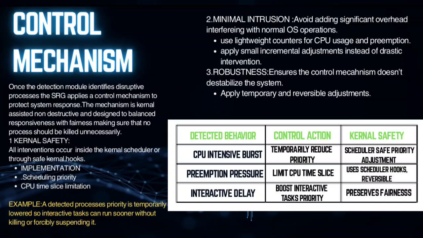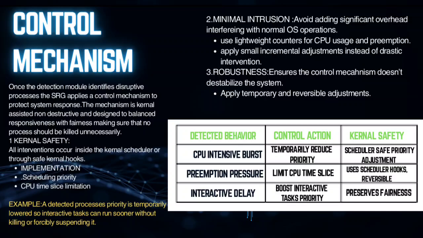The implementation is scheduling priority and CPU time slice limitation. The second point is minimal intrusion: avoid adding significant overhead or interfering with normal OS operations. Use lightweight counters for CPU usage and preemption, and apply small incremental adjustments instead of drastic intervention.